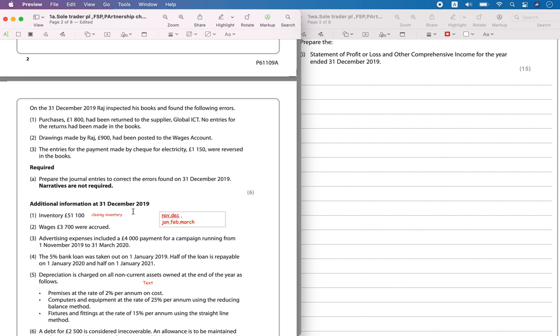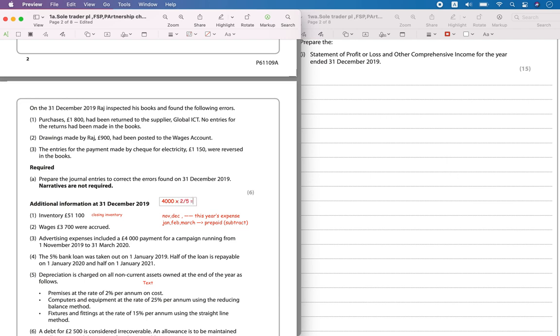But the closing is happening in December, which means only November and December have to be considered as this year's expenses. Whereas the part paid for Jan, Feb, March is considered a prepaid expense, which we have to subtract from advertising expense.